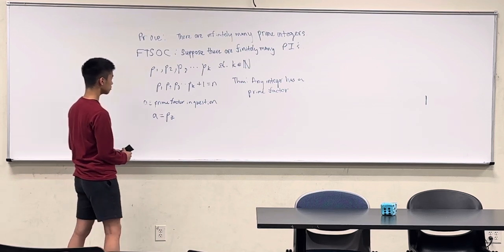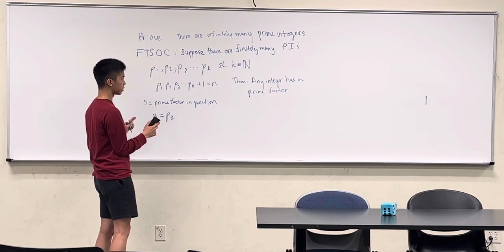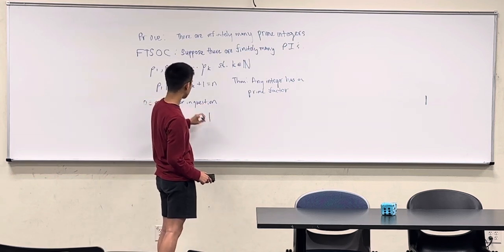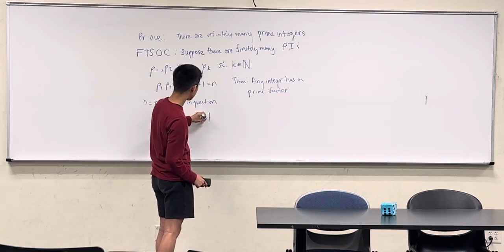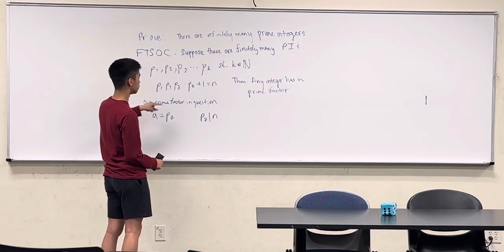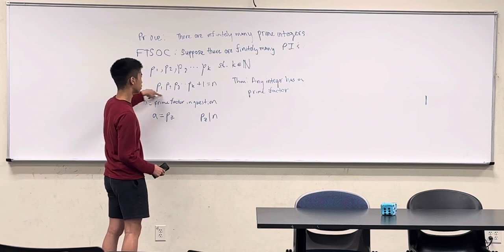So what we know about this, first of all, is that pz divides n. Or in other words, n is divisible by one of these.